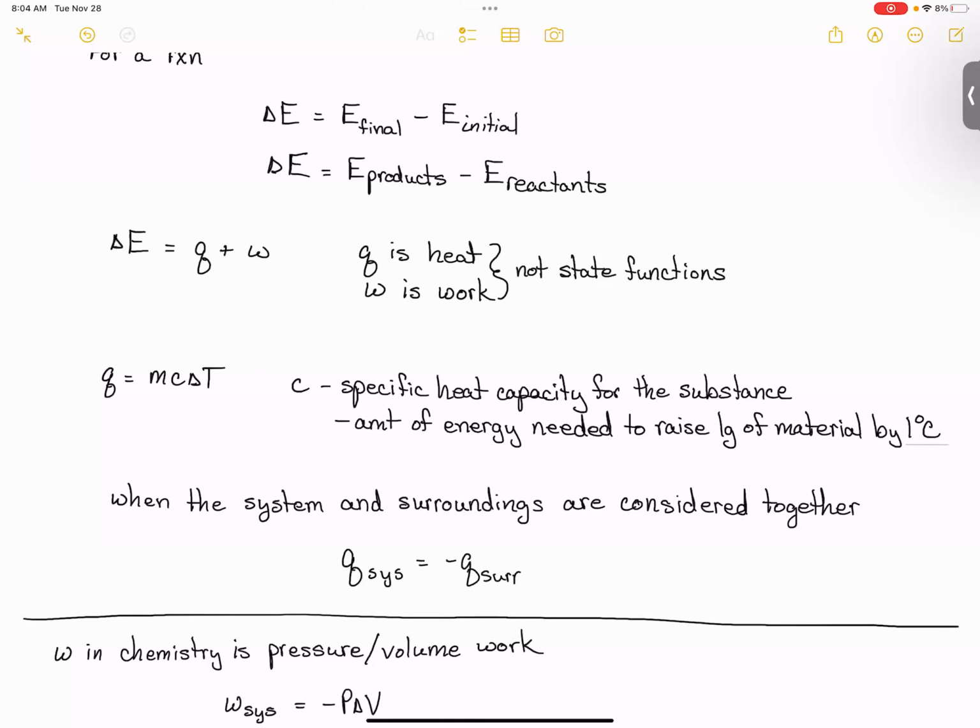Basically, folks, every single substance out there can absorb a certain amount of energy before 1 gram of that substance changes by 1 degree Celsius. For water, the amount of energy that can be absorbed is 4.184 joules of energy before 1 gram of water is going to increase by 1 degree Celsius.